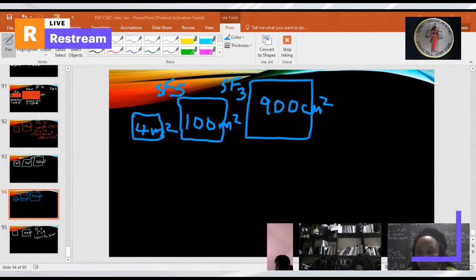When we do area of the triangle, which we were going to do next week, we will also do a section with area of the triangle and scale factor and see if there is the same correlation. We're going to see if the triangle has the same relationship between the scale factor and area as the rectangle and the square.